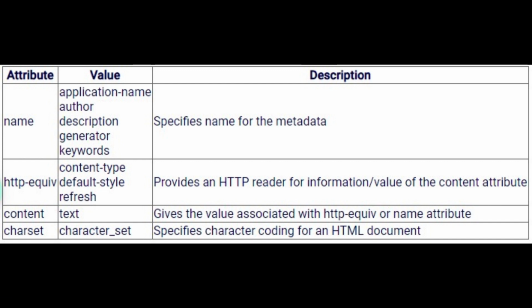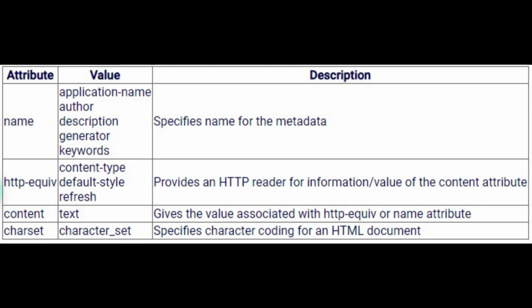Let us learn the attributes of the metadata element. The below table discusses some of the attributes and their values related to the meta tag. Attribute, value, description. Name: application name, author, description, generator, keywords.